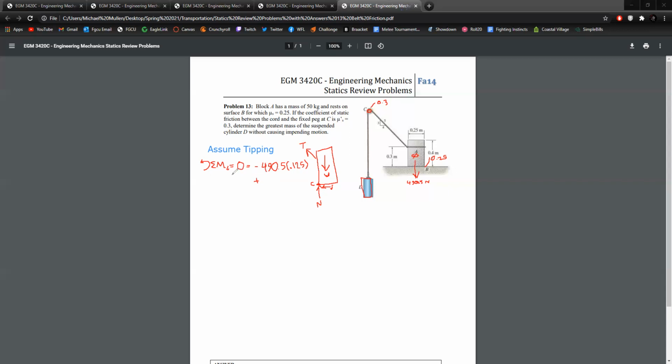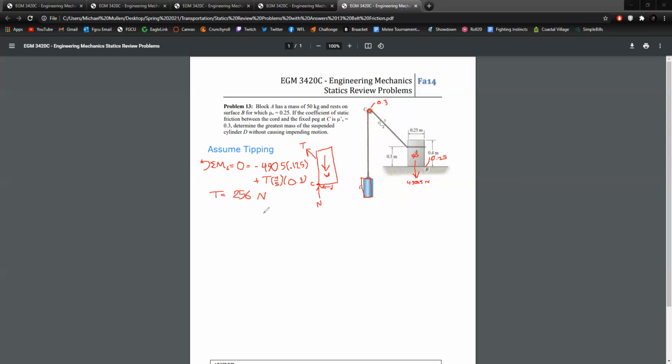So moment about C, we're going to only have the x component, which will be T times the correct ratio of 4/5 given to us by the problem. And that's going to be times 0.3 meters. You can solve this for T, and you get that T is equal to 256 newtons.